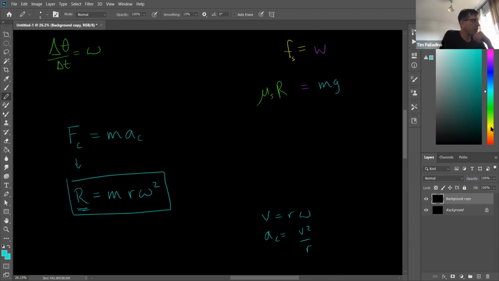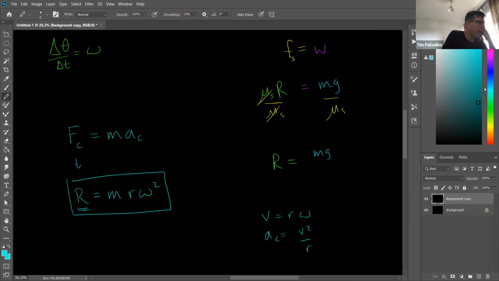So we can divide both sides by mu s, and now I have two equations for R. In this one I have R equals mg, the mass times gravity.